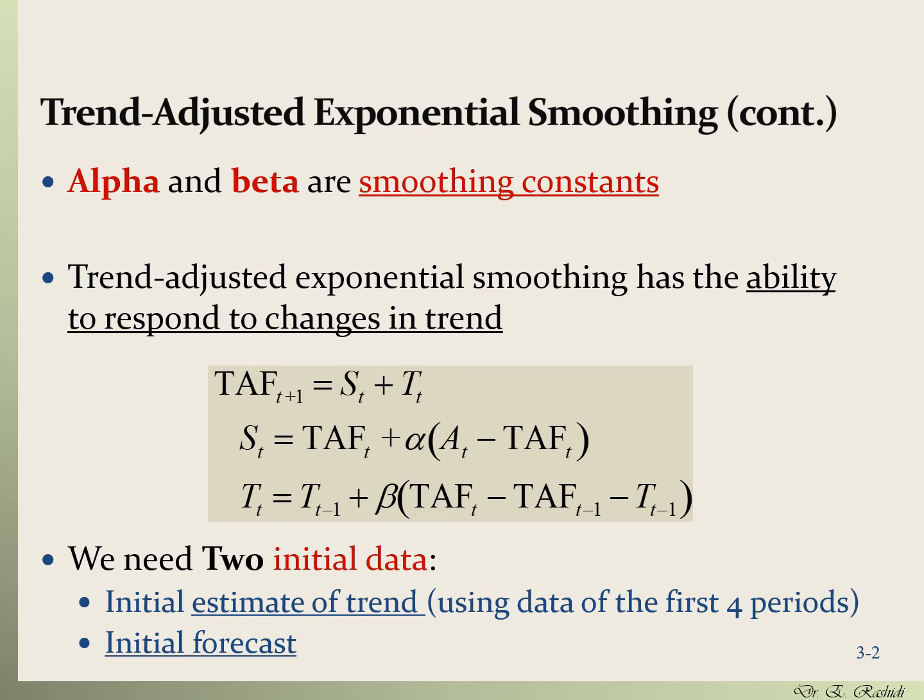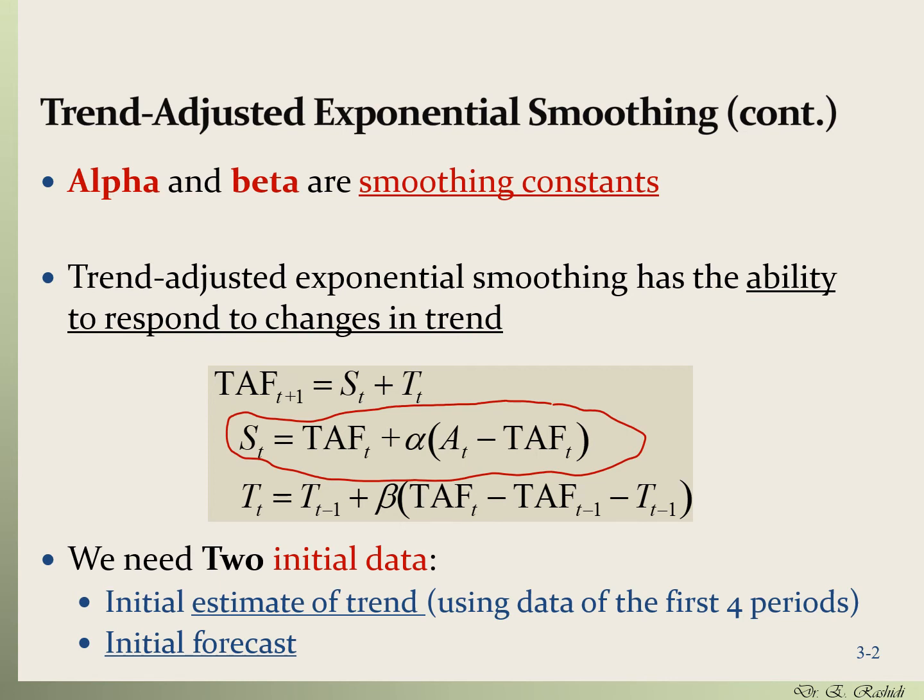The smoothing component is equal to your previous forecast plus the smoothing error. So as you can see in this formula, the smoothing component S of t, t stands for the period that we are in right now. That's period t. The previous period would be t minus 1, and the next period would be t plus 1.